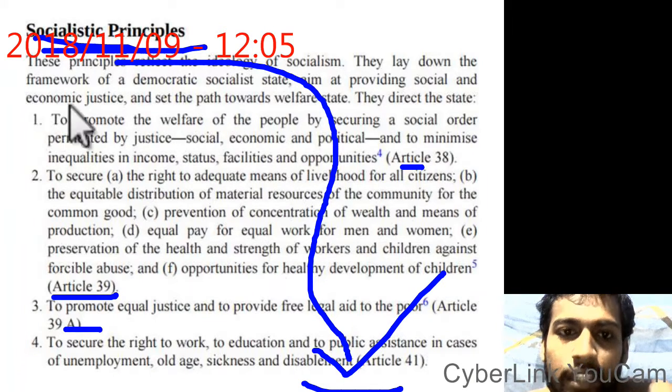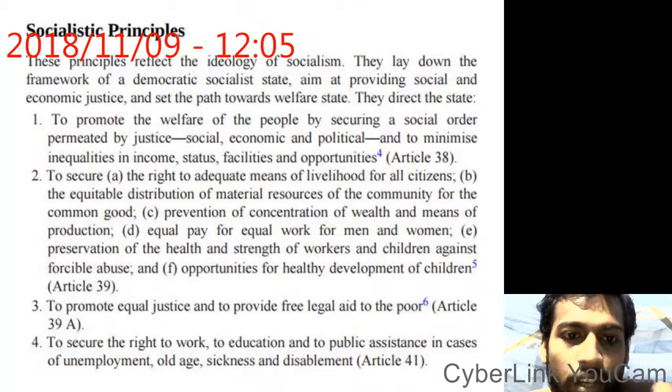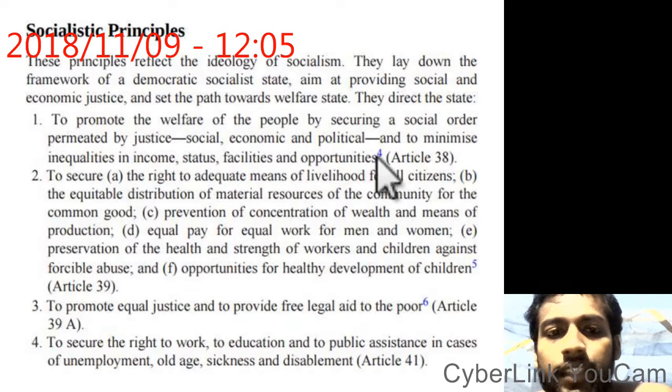We classified it, and all these articles come under Article 38. What is Article 38?